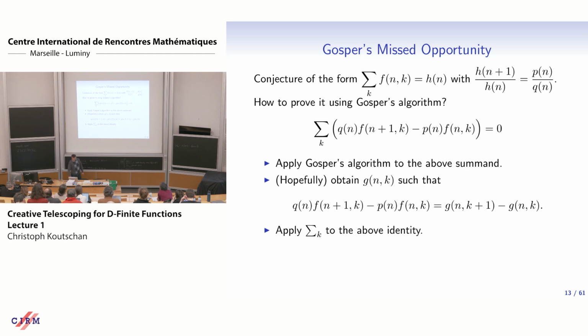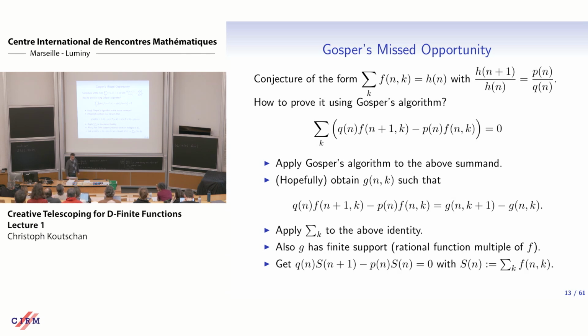Well, and now if we sum over this identity, since G must be a rational function multiple of the summand, which, by the way, is a rational function multiple of f n k, because here you see f n plus 1 k, by the assumption that it's bivariate hypergeometric, is a rational function multiple of f n k, and therefore this whole expression is a rational function multiple of f n k, and equally it is the case for G, so it has finite support.